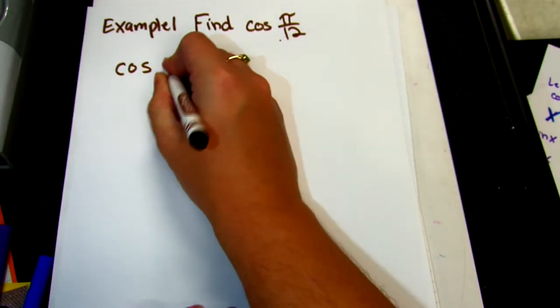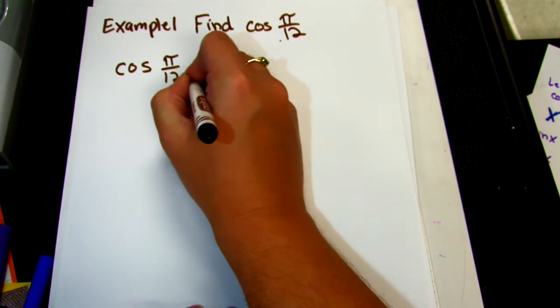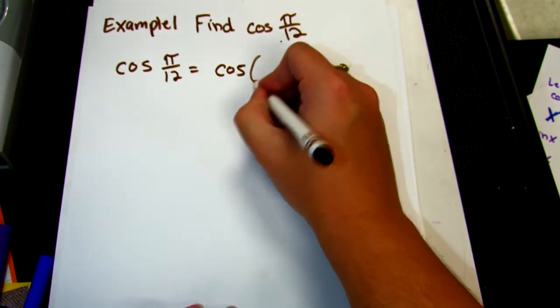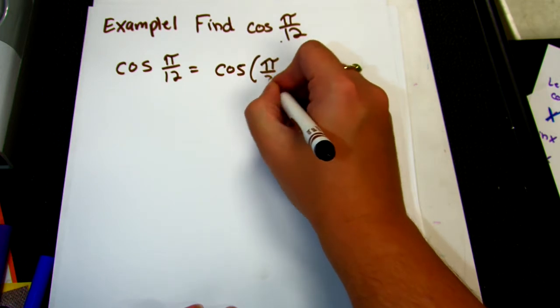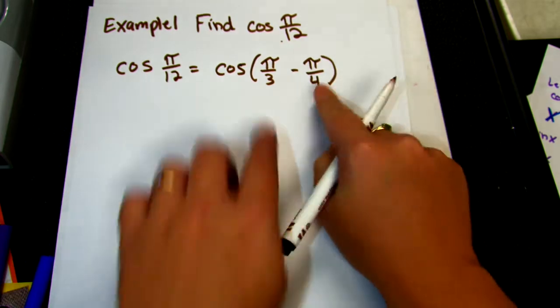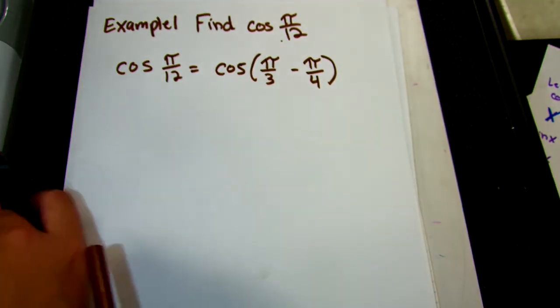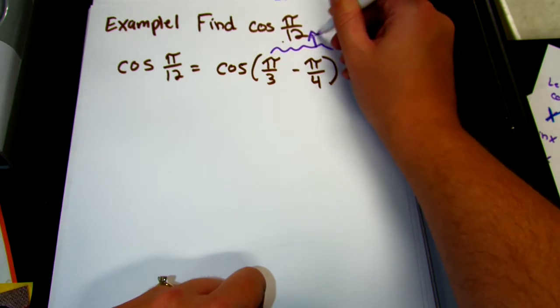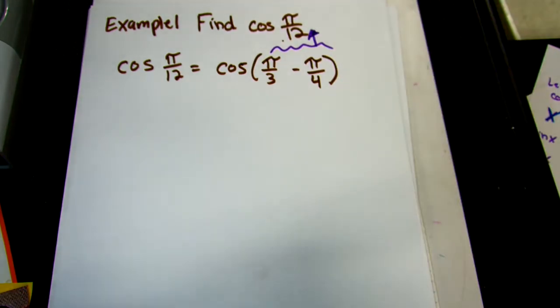So we've got cosine pi over 12 is equal to cosine of pi over 3 minus pi over 4. This pi over 3 minus pi over 4 came from the pi over 12. I just rewrote pi over 12.